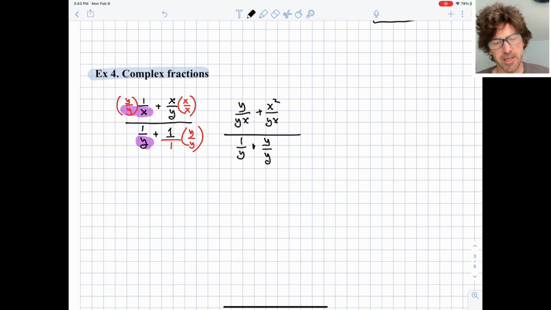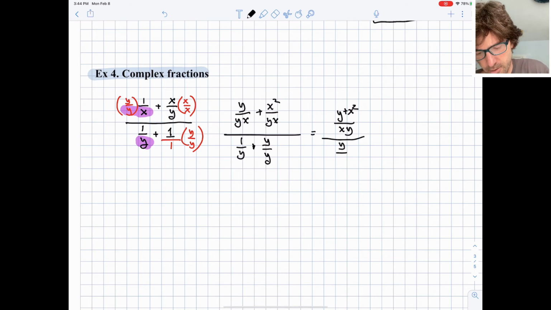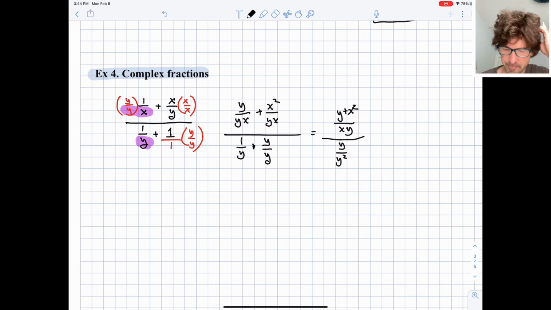Okay, so we have some common denominators. We can do the addition in the numerator, we can do the addition in the denominator, and we can move forward. So we get a y plus x squared over xy. I like putting things in alphabetical order. And we have a y over y squared. Okay, so let's see what we can do now.